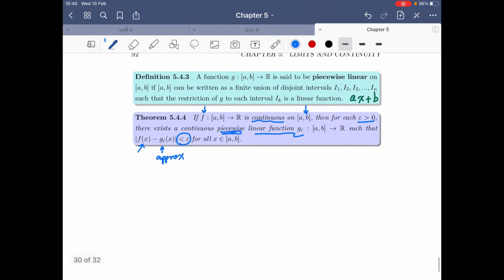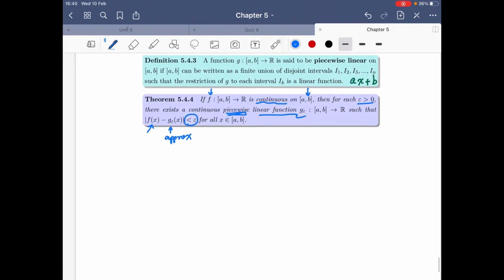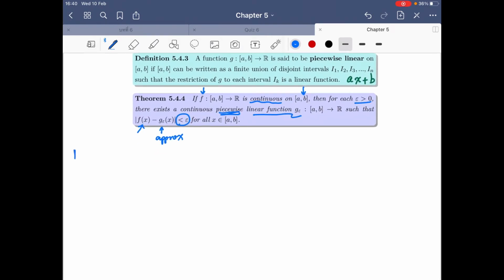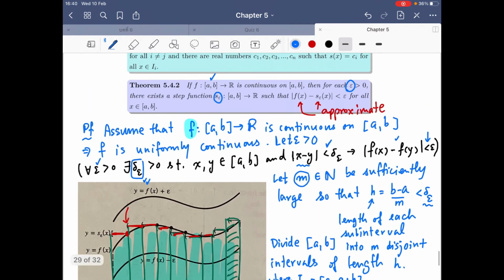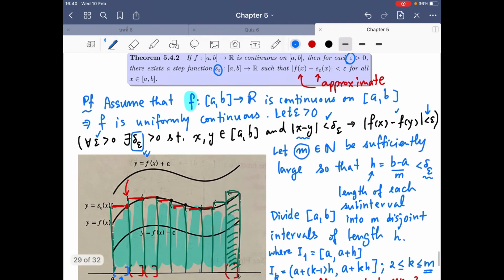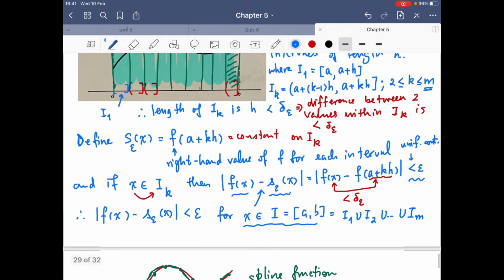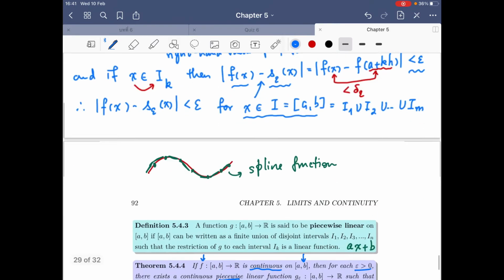So let us try to give you a proof, but you may say that, hey, actually it is very similar to the previous one, 5.4.2, but instead of each piece being defined as a constant, now each of them will be defined as a linear function.